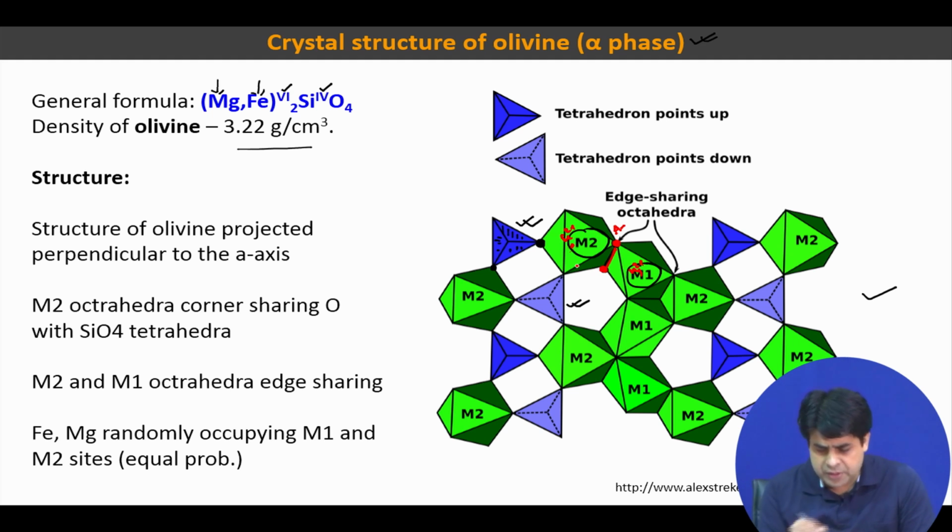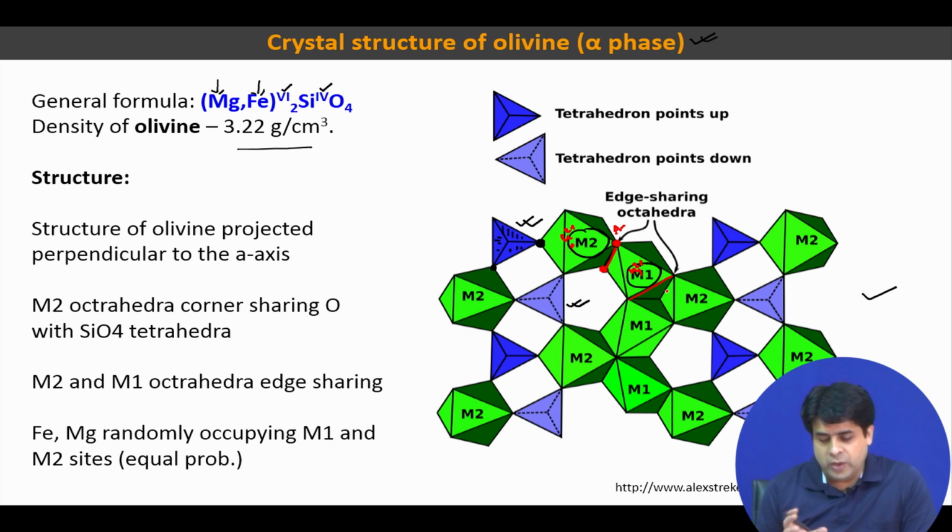And if you notice in this diagram, this M1 side is more distorted than the M2 side, because it is connected by the edges. You see there is another side connected with your M2 side.